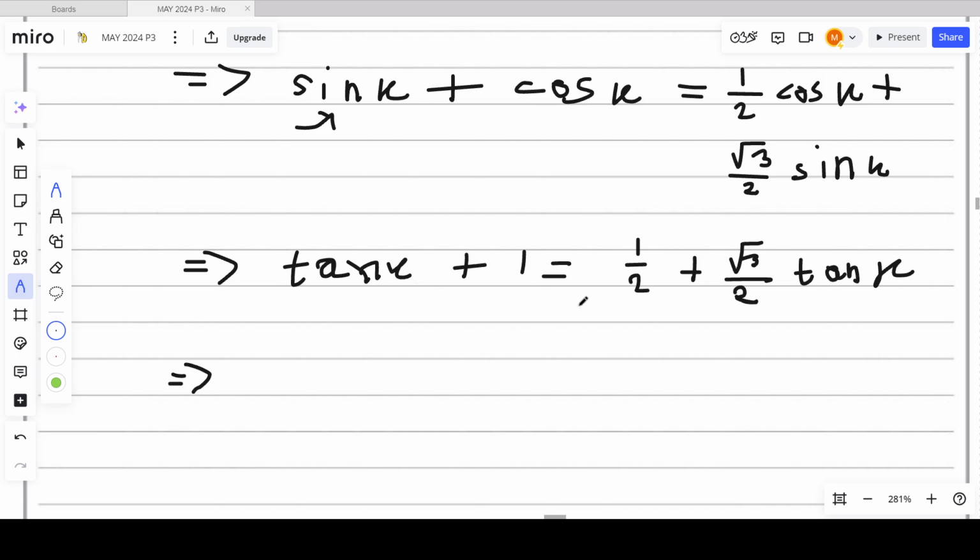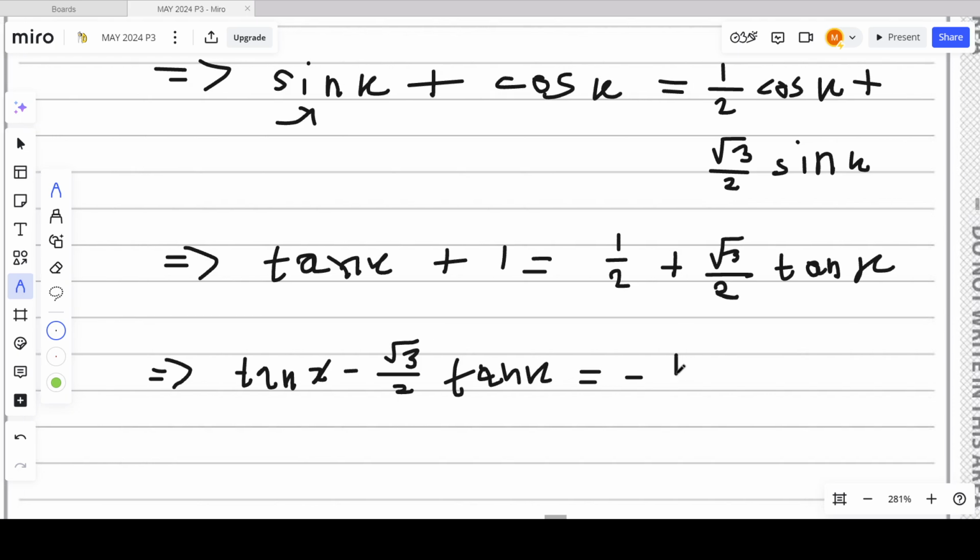Now we are closer to the end. We have tan x on both sides, so take square root of 3 over 2 tan x to the left. We get tan x minus square root of 3 over 2 tan x equals half minus 1, which is negative half.